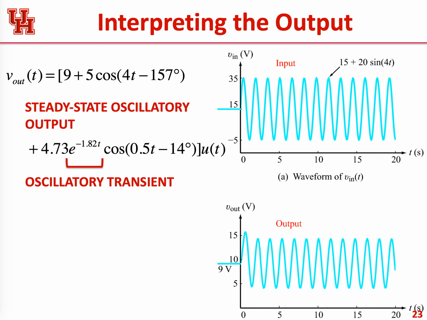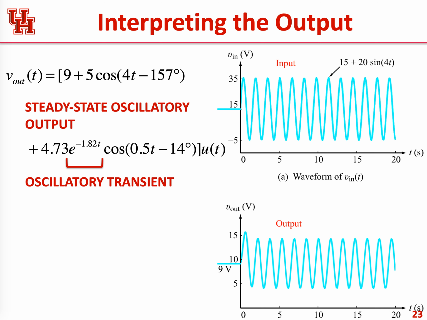So in the steady state, since the input is oscillating forever, the output keeps on oscillating forever. And just because this is an LTI system, we know that a sinusoid at frequency omega naught equal to 4 will produce an output which is also a sinusoid at omega naught equal to 4. So in other words, this is part of the forced output. This is also a steady state non-decaying oscillation.